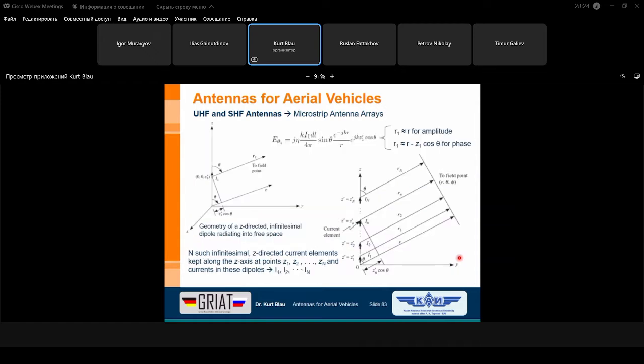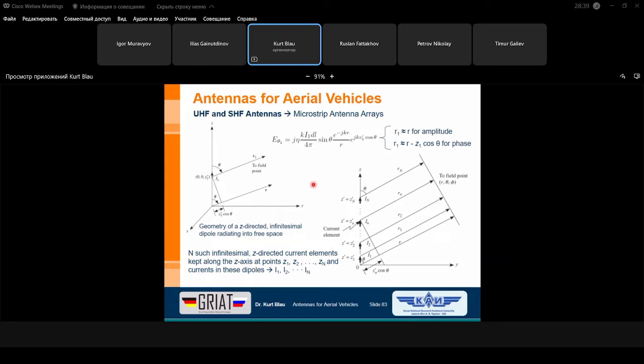Then here we have the basic problems of the antenna arrays, shown on the basis of the microstrip single element.